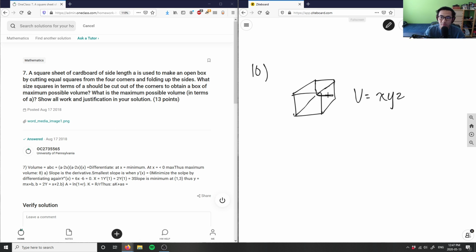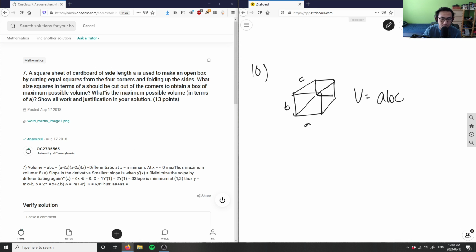In this case, I'll use a, b, and c. It's just the product of those things. And this is the volume of a rectangular prism.